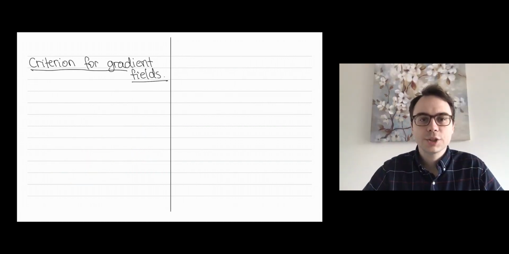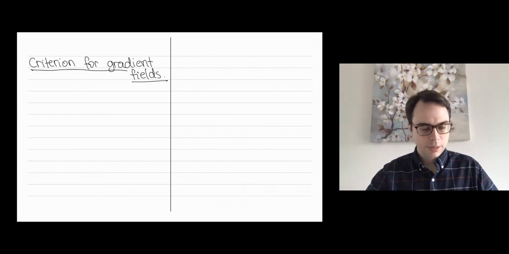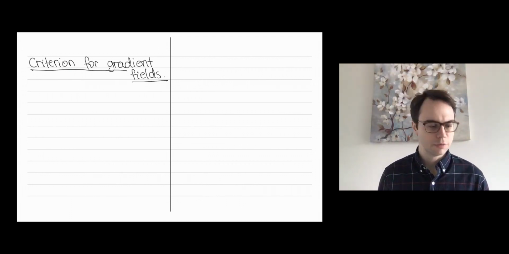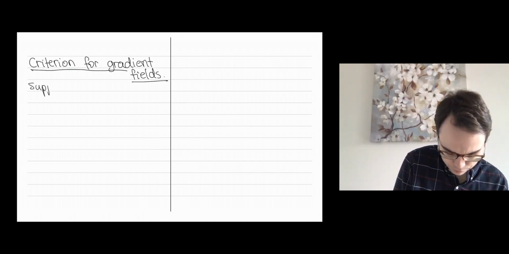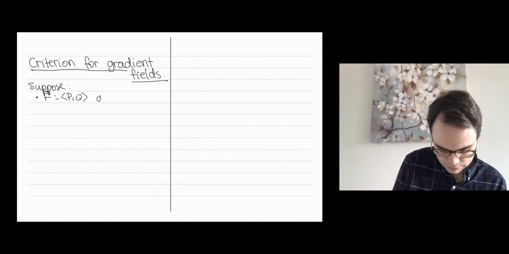To conclude today's lecture, I'd like to show you how Green's theorem explains our criterion for gradient fields. So let's set the stage. Suppose we have our vector field F with components P and Q, which is defined at all points in the plane.